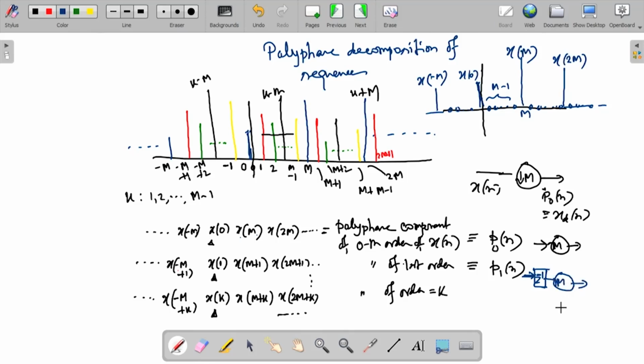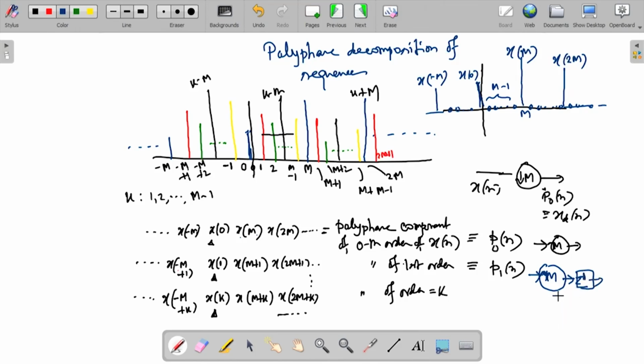If I pass it through a delay first, that means the origin will move here. Or no, let me correct, there is some mistake I am making. First I expand, and then delay by 1.